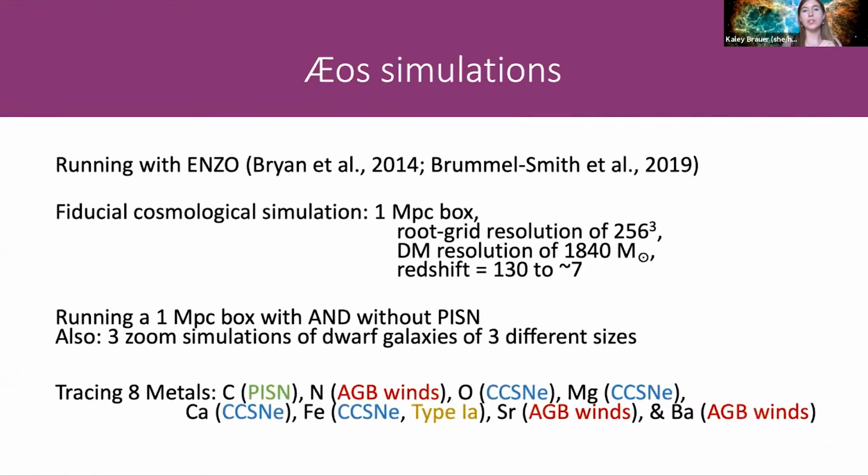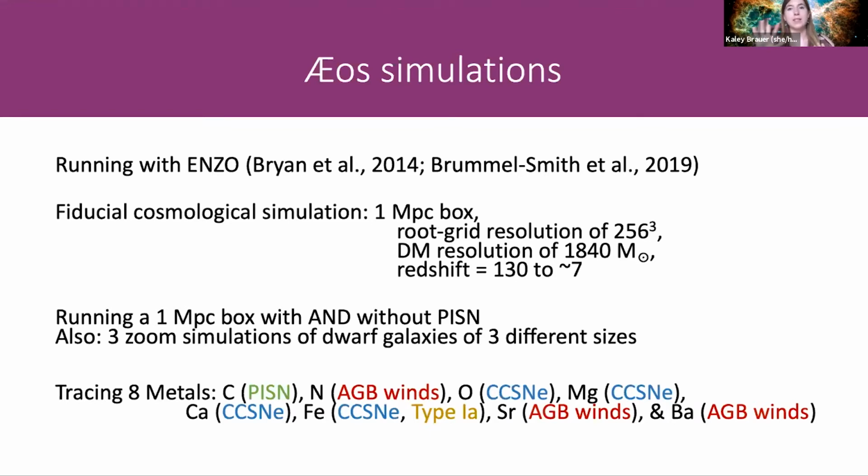Some quick technical overviews of the simulations. We're running it with ENZO, this adaptive mesh refinement code that several of our collaborators on this project also helped develop. Our fiducial cosmological simulation is a 1 megaparsec box, with dark matter resolution of 1840 solar mass, and all of our simulations are being run from a redshift of about 130 down to reionization at about redshift 7.